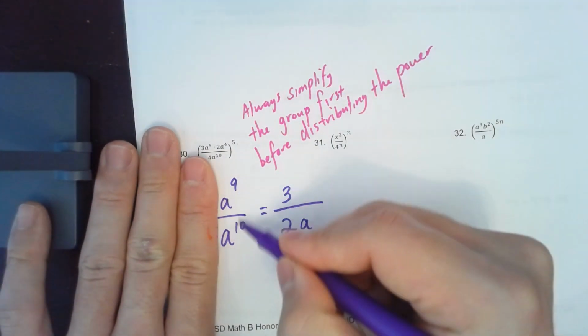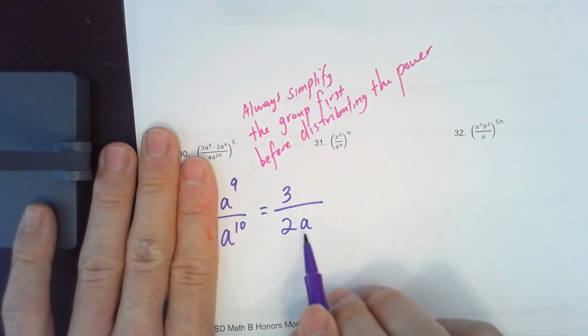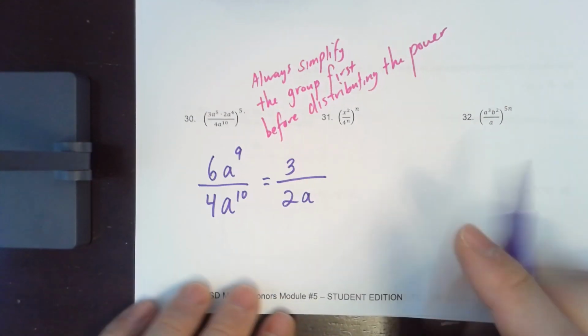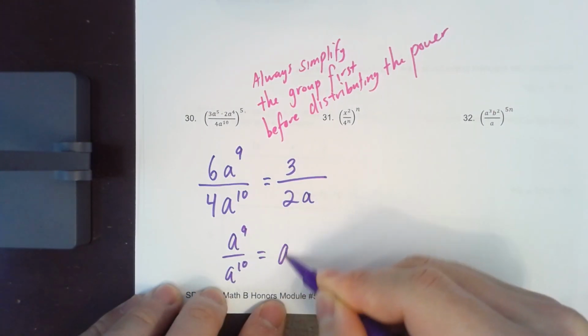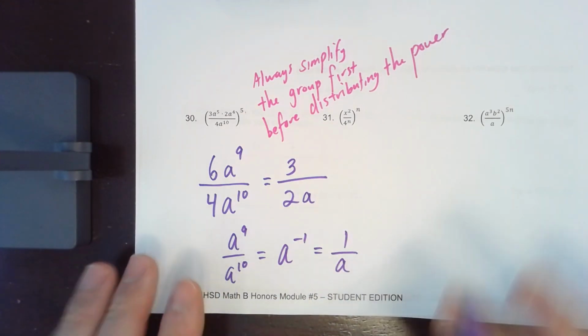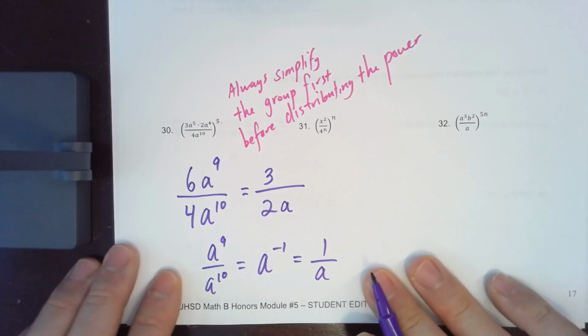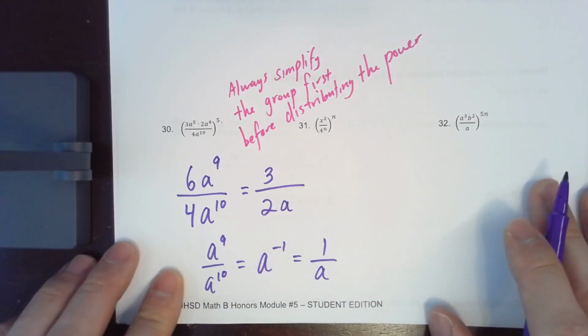You see which side has more, and the side that has more, the remaining will be left over, right? Just a quick recap. A to the 9th over A to the 10th is equal to A to the negative 1, which you could see is 1 over A. Now, we're going to talk about this in a later lesson, so I just want to give you a little bit of a preview of negative exponents.